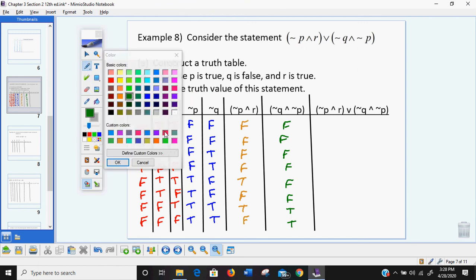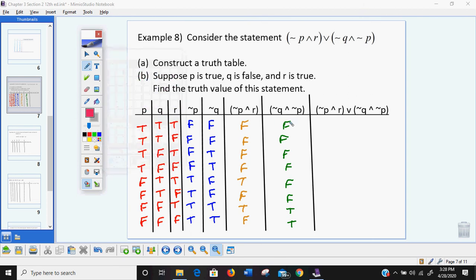Now, let's erase that and let's look at the answer. Let's do this one in pink. So this time I'm taking both of these in parentheses here and I'm doing or in the middle. So if one or the other is true, the answer is true. So I have 2 falses, I get a false. 2 falses, I get a false.